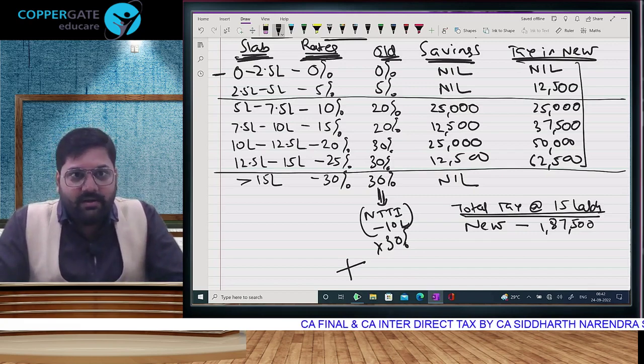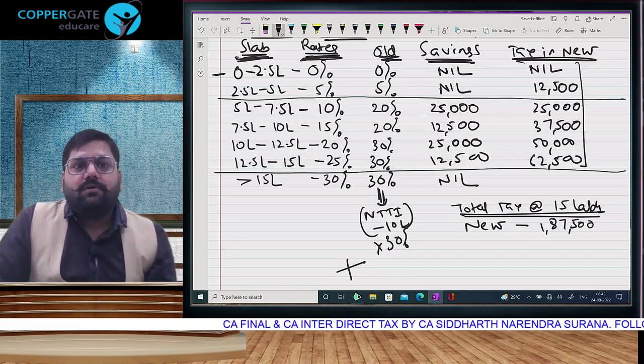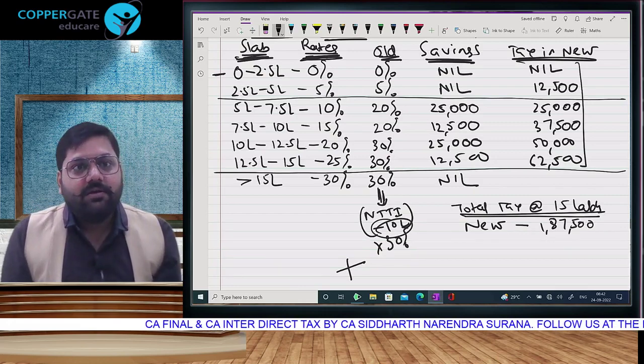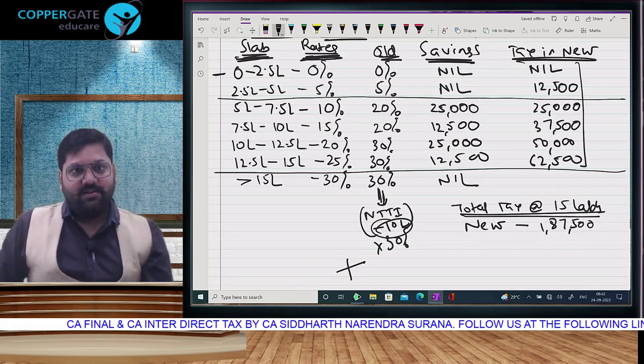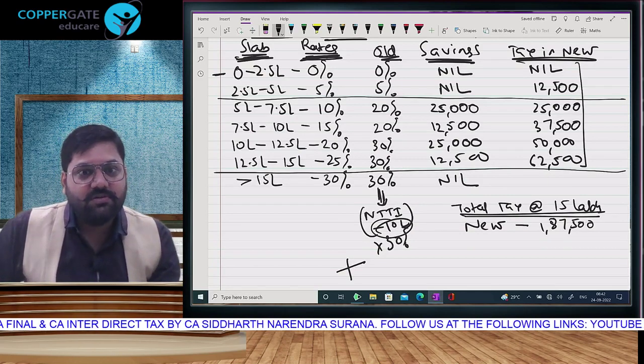You remember that? That concept we will apply here also. But here we can't take 10 lakh because fixed tax starts after 15 lakhs. Till 15 lakh it is fluctuating rates, no?